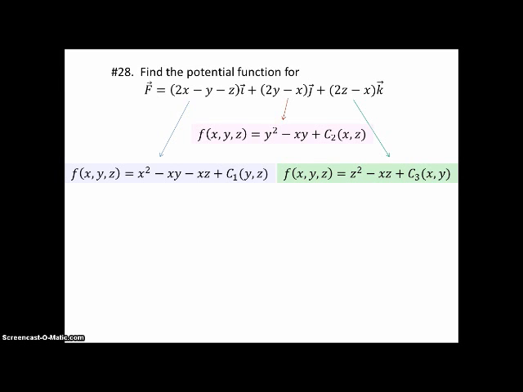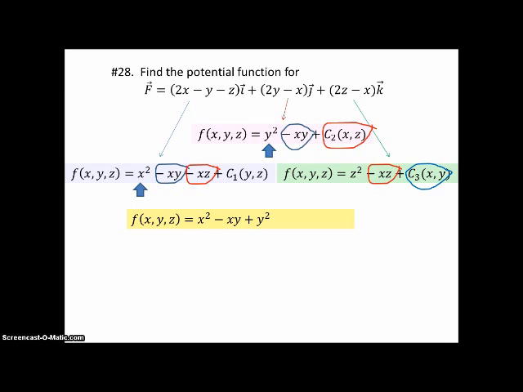So now we have to put these three together. Do we have matches? Well, I see that the negative xy matches, but is that all that could be in the C3? Are there any other terms with just x and or y in them? And yes, there are a couple other ones. So we have to include those, and there's no contradiction yet. They told us there would be one, so we don't have to worry too much. And then what else have we got? Well, we've got terms in just x and z.